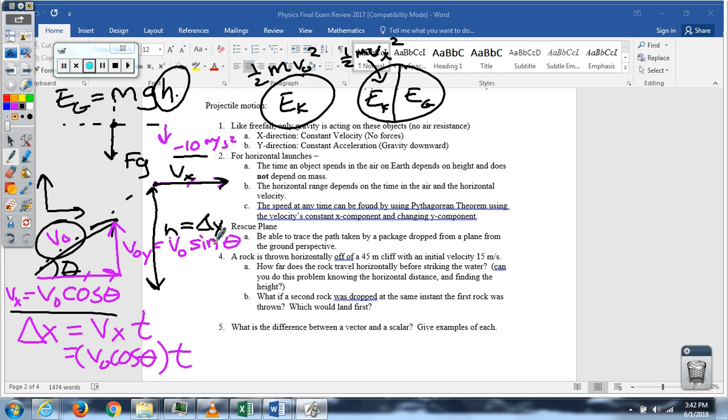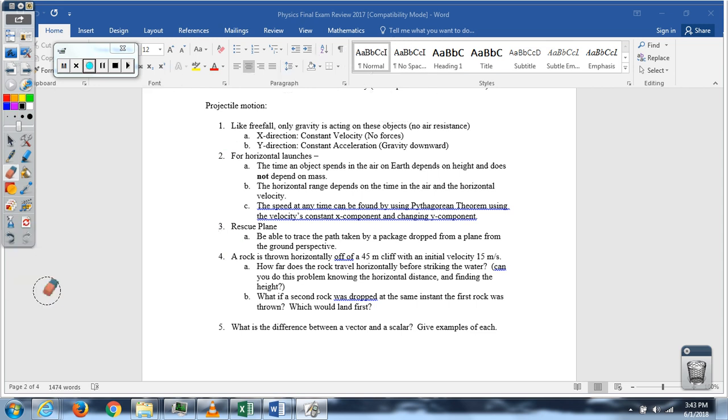If we read through some of these pointers here, the time an object spends in the air on Earth depends on height and does not depend on mass. This is for horizontal launches, meaning that just like the Hot Wheels car, it leaves with this v initial only equal to Vx. That means Voy equals 0.